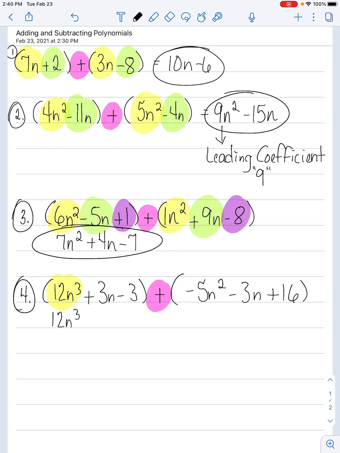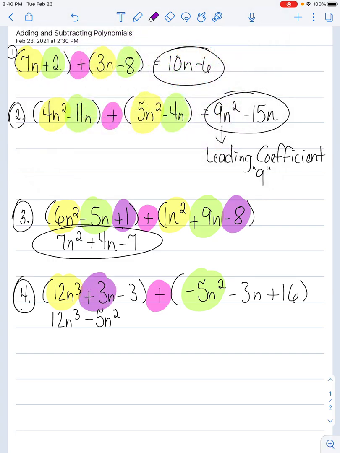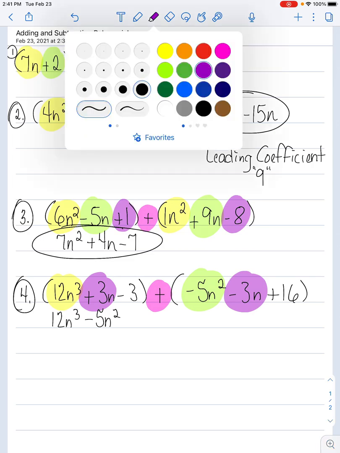to bring that down. What comes after n to the third when you're going down? Well, n to the second power. And I only see n to the second power in the second set of parentheses. There's nothing to combine it with, so I just rewrite it. Let's keep going. I do notice 3n minus 3n. Both of those are n to the first power, just plain old n. 3 minus 3, that makes that cancel.